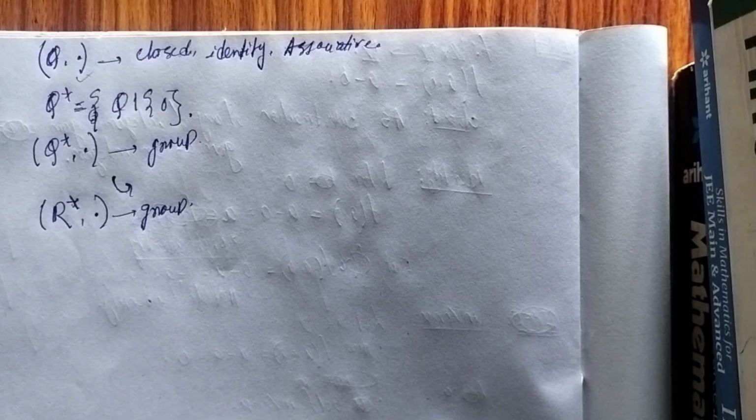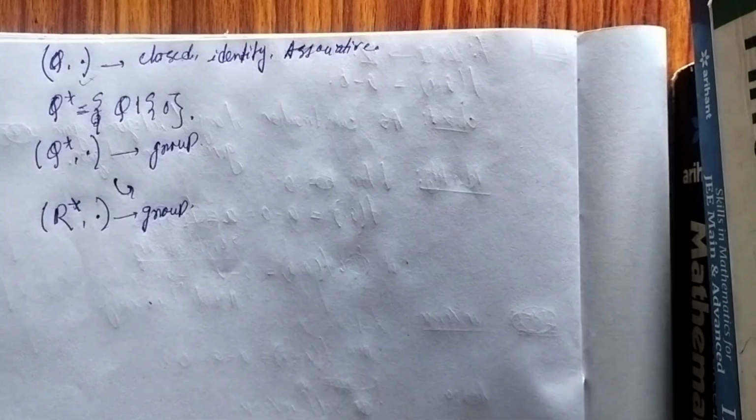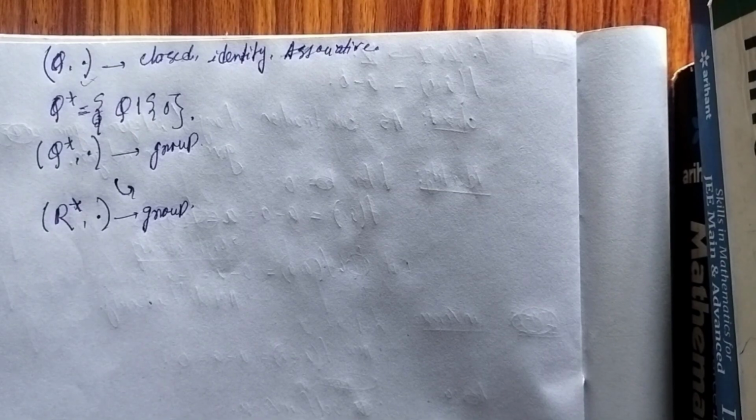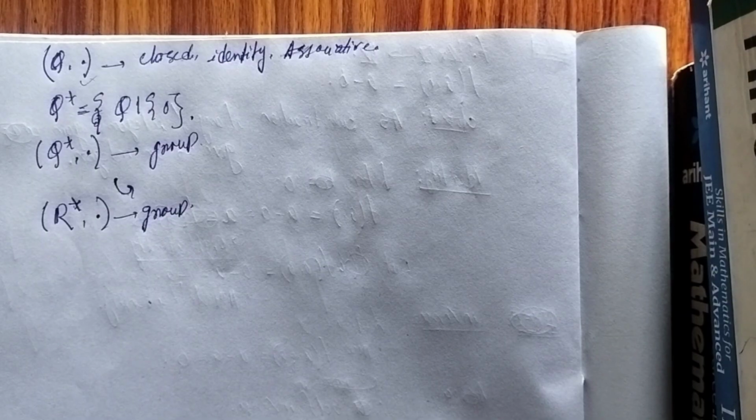Now, if some properties are matching, can we find any relationship between the sets? Let's try it. First of all, closure. The thing you have to understand here is why closure is so important. Let's try to understand this first.